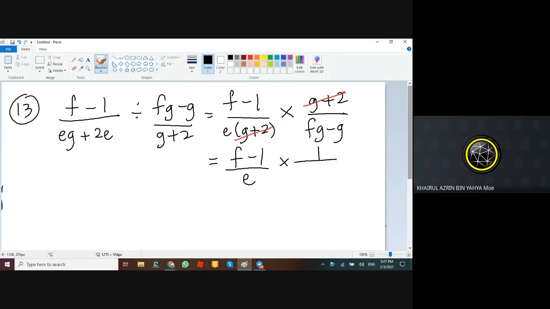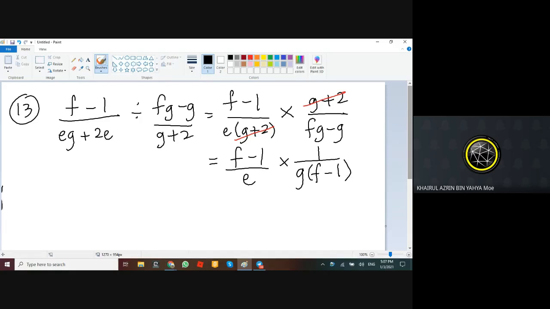Times this is 1 over FG minus G. We can factor G outside. So here become F minus 1, 1. Don't forget 1. When you factor G outside, you leave here 1. Okay.